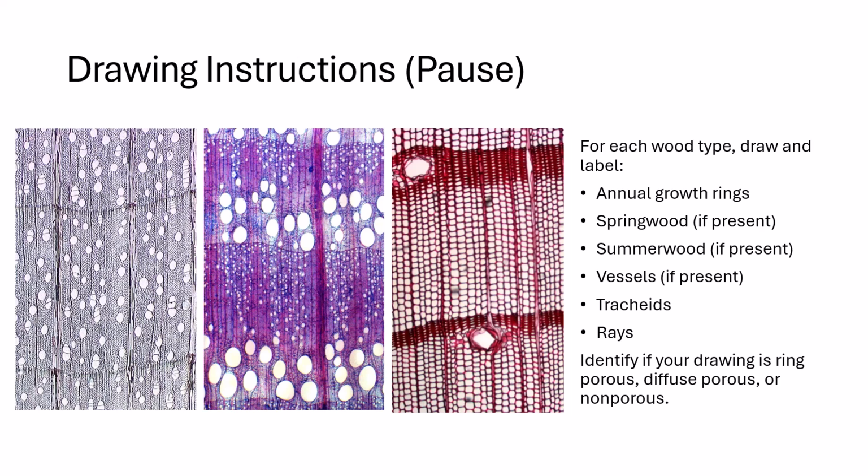Focus on overall patterns rather than tiny details. The goal is to show that you can recognize the key structures that define each wood type. Using what you observe, you'll decide which wood type each specimen represents: ring porous, diffuse porous, or non-porous. Use vessel presence, vessel size, and vessel distribution as your main clues.